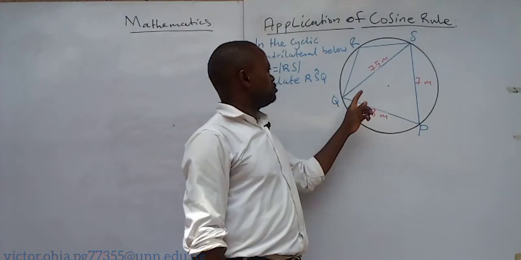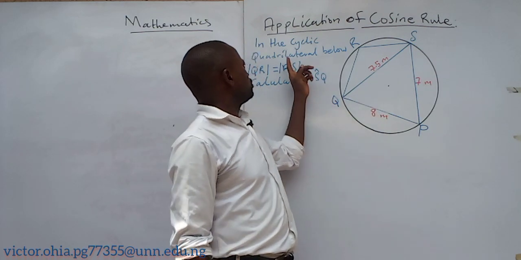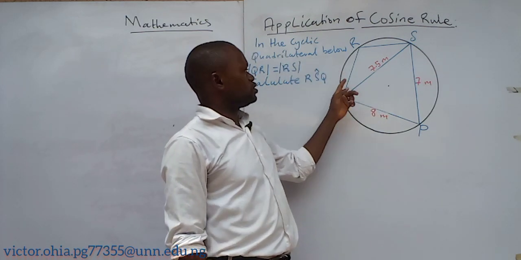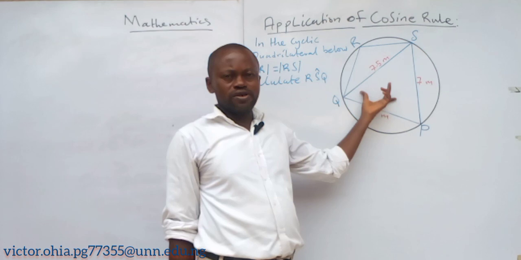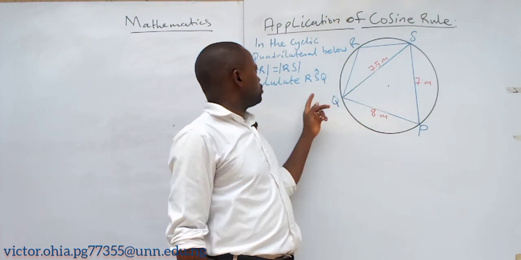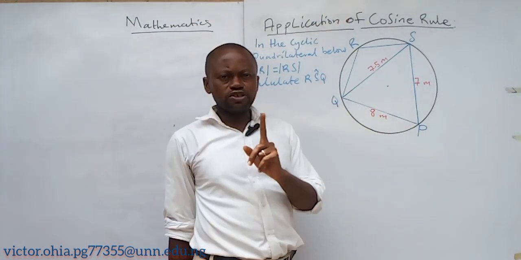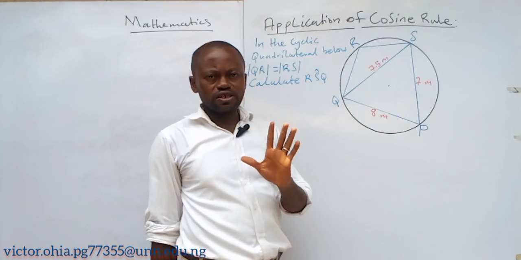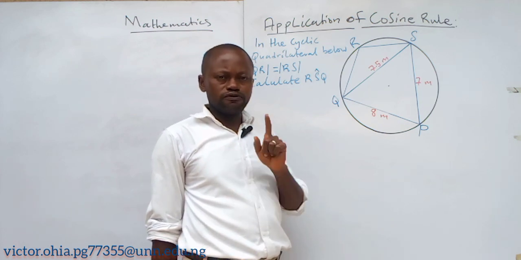If you look at this question, the question says, this is a cyclic quadrilateral. We have a four-sided figure inscribed in a circle, PQRS. And there's also information that is given to us.